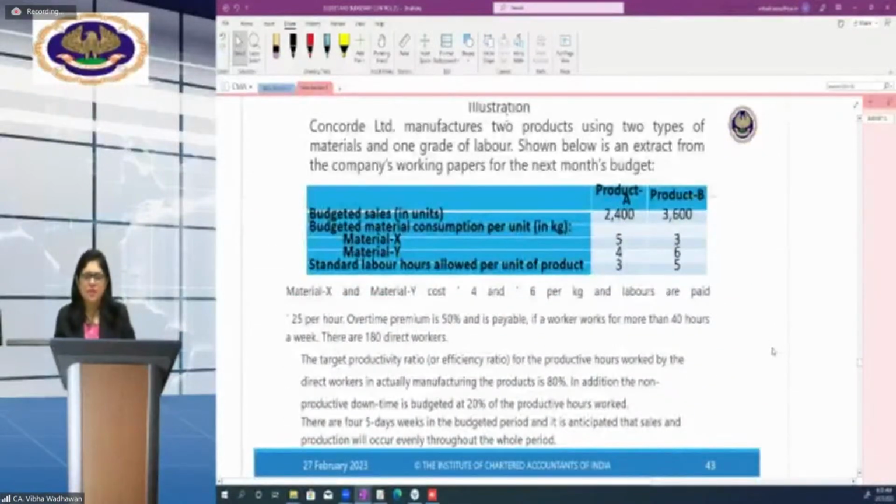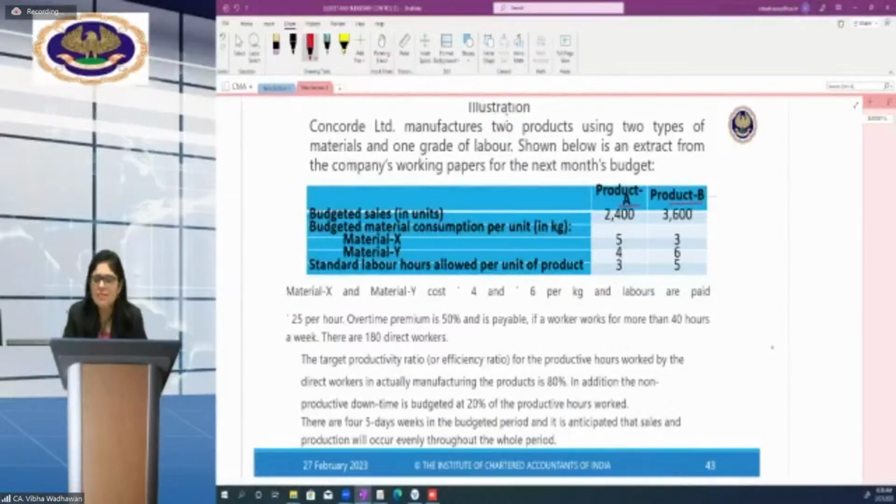Just take a note of another question. 2 products are there, product A and product B, and 1 grade of labor. Only 1 grade of labor we are taking.